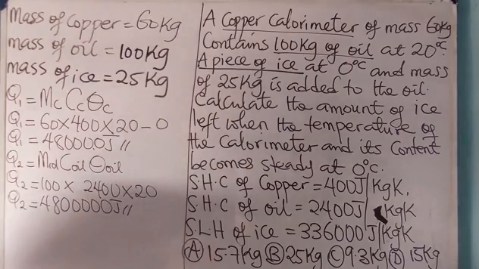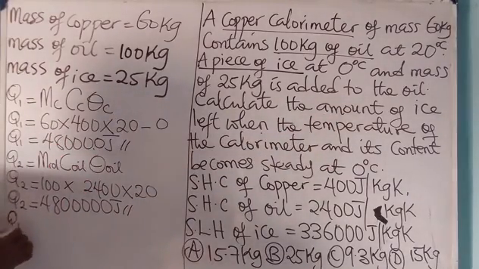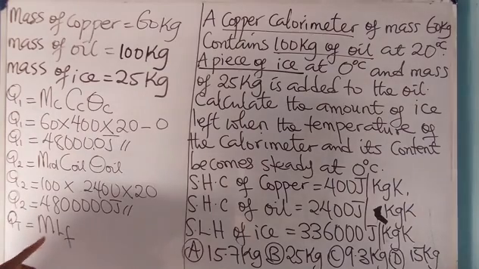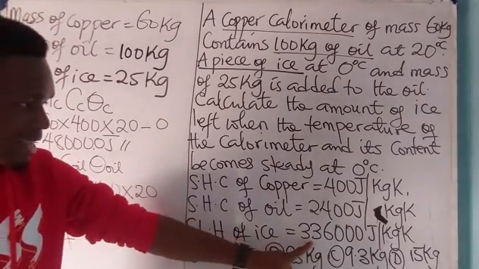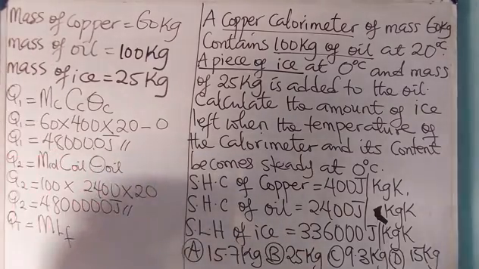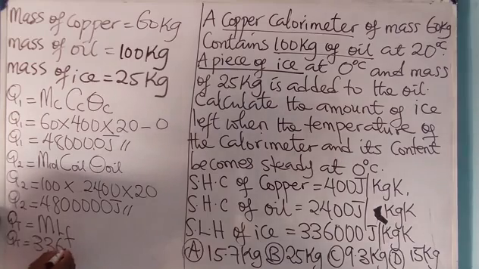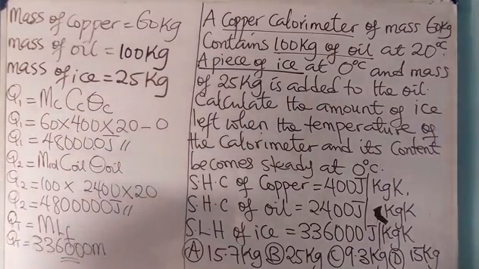Then as for that of the ice, you say Q total is equal to mLf. We are looking for the mass, and the latent heat of ice was given to be 336 thousand. So Q total is equal to mass times 336,000.